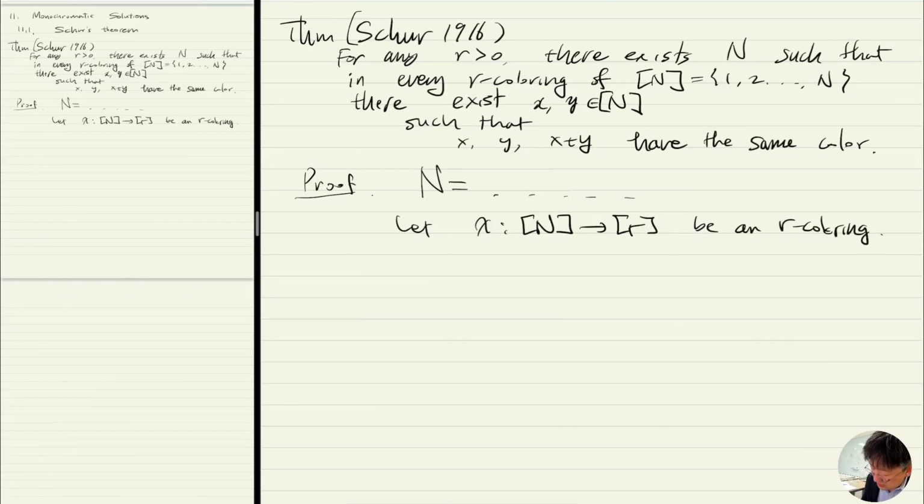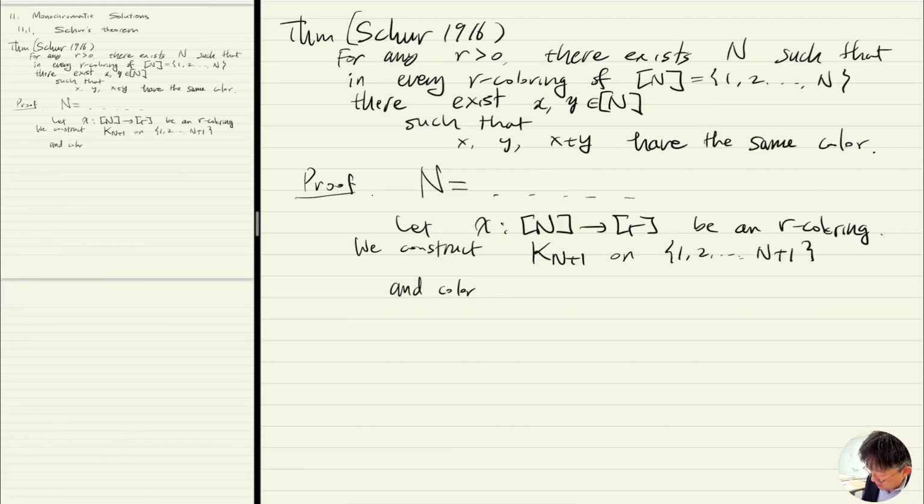What I do is construct the complete graph on N plus 1 vertices. So this graph is on the vertex set 1 up to N plus 1, and color the edge ij with chi of i minus j.